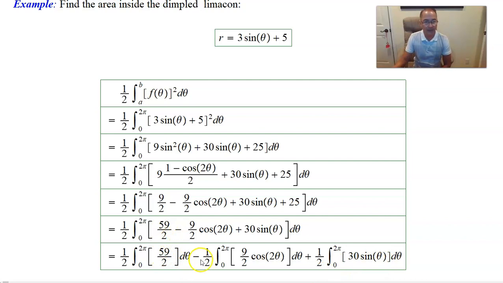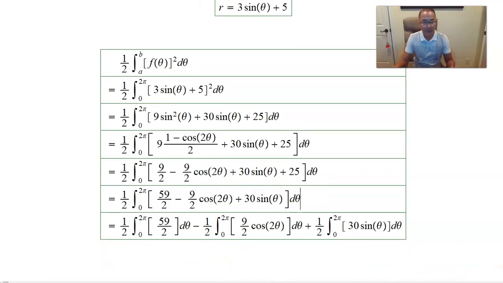59 over 2 by itself, minus 9 over 2 cosine 2 theta by itself, plus the integral for 30 sine theta by itself. Okay? So what I'm saying is, for each of these we don't even have to bother because we're integrating for a full period from 0 to 2 pi. So those will just be 0.